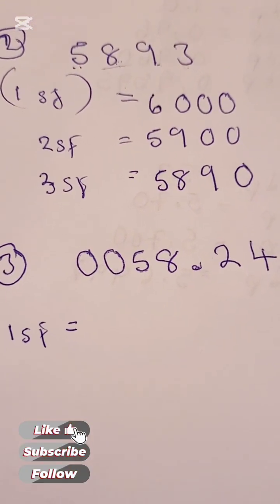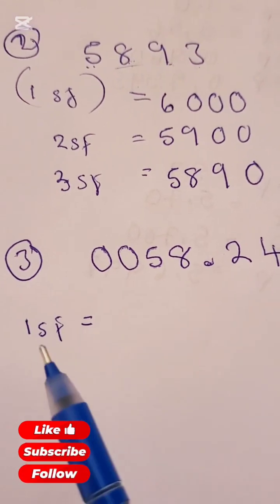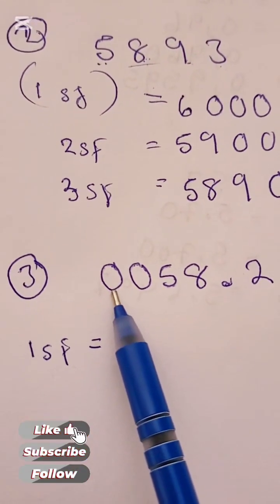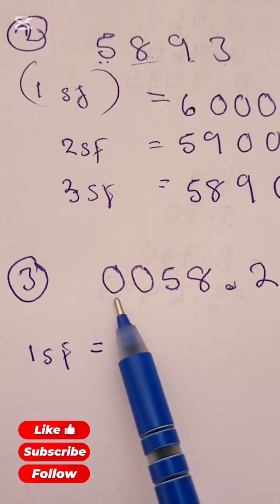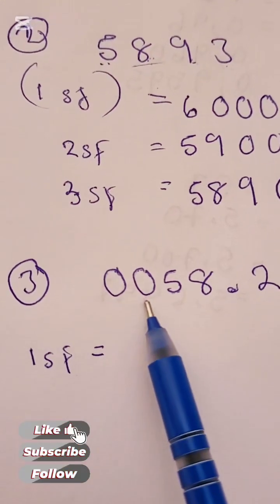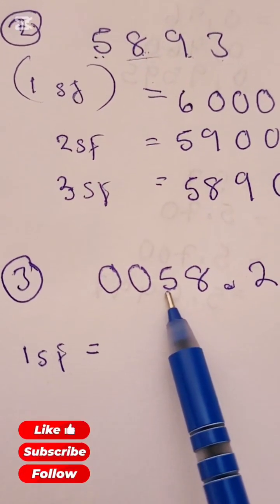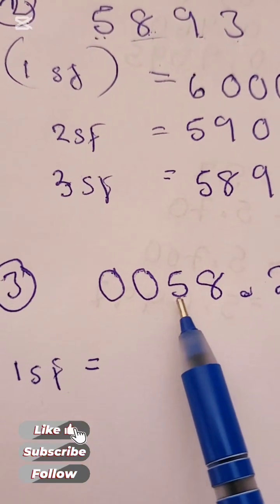So we cannot count the zeros here. We start counting at a number which is between 1 and 9. So here, this is where we have our one significant figure. Are we together? These zeros have no value, so we start to count here: 1.